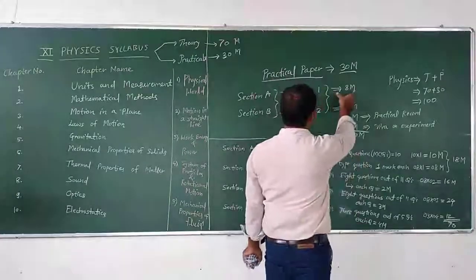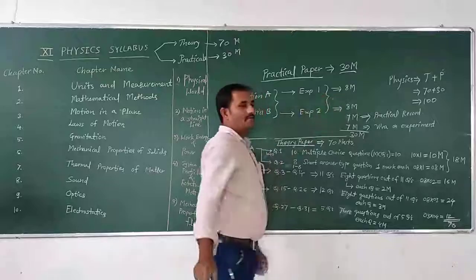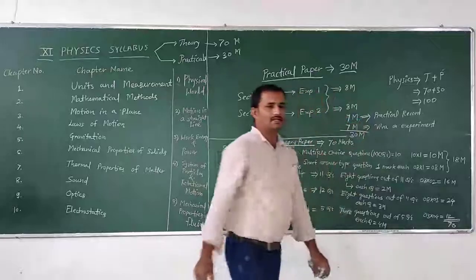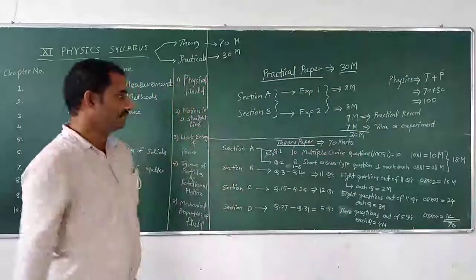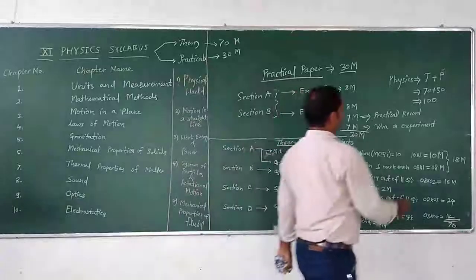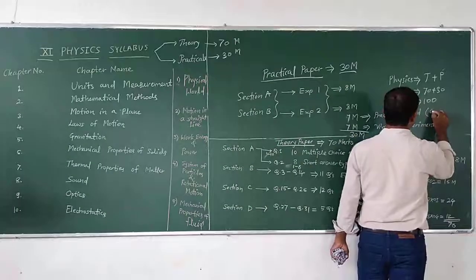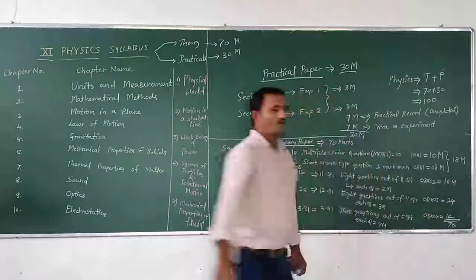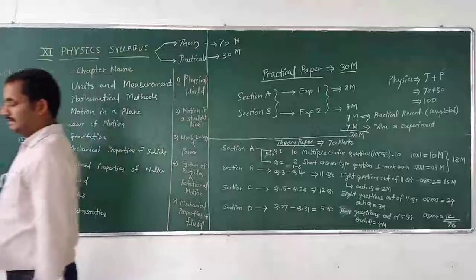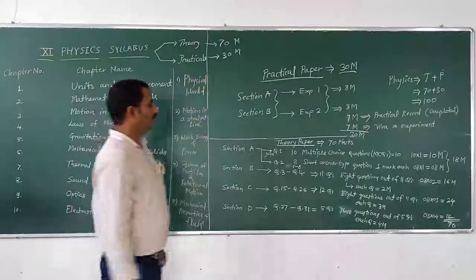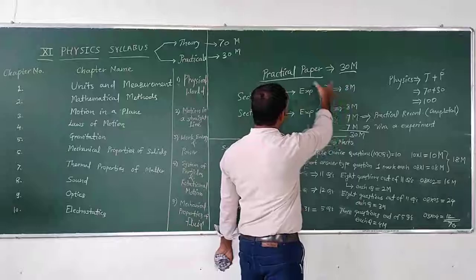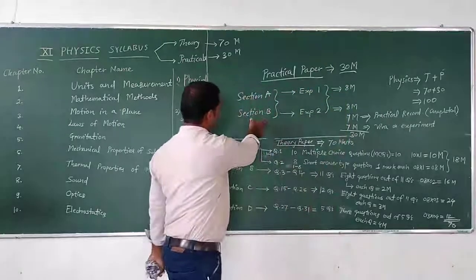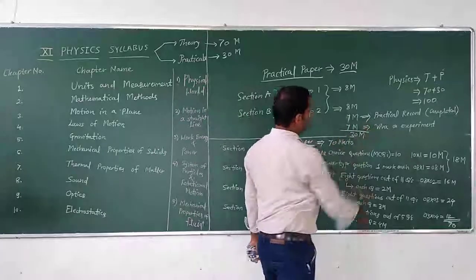So one experiment will carry 8 marks, second experiment will carry 8 marks. For your completed practical journal, you will get 7 marks. Again, for your Viva, you will get 7 marks. So this entire practical paper is divided in 4 parts: Section A, Section B, then practical record and Viva.